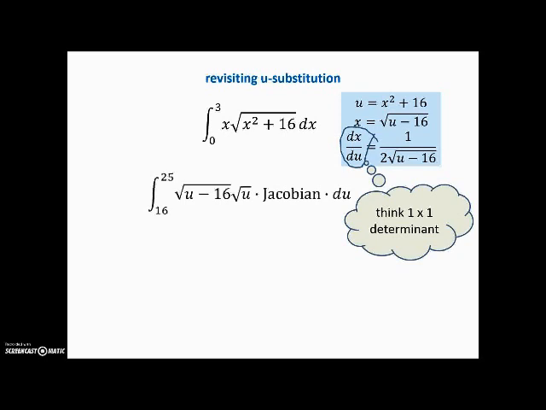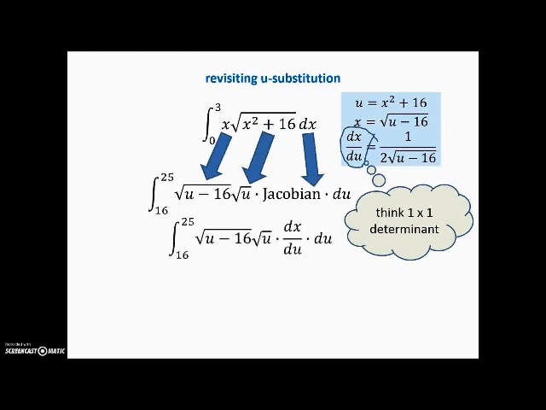And so if we set it up in the light of the Jacobian idea, the substitution for x is the square root of u minus 16. The substitution for the square root of x squared plus 16 is the square root of u. And then we should have a Jacobian times du. And what's the Jacobian? Well, there's x. There's the square root of x squared plus 16. dx is the Jacobian times du.